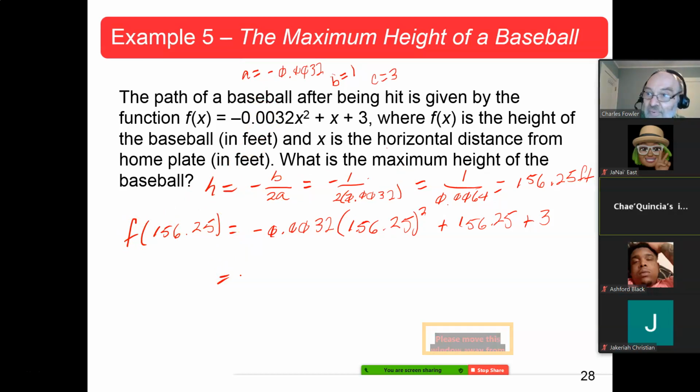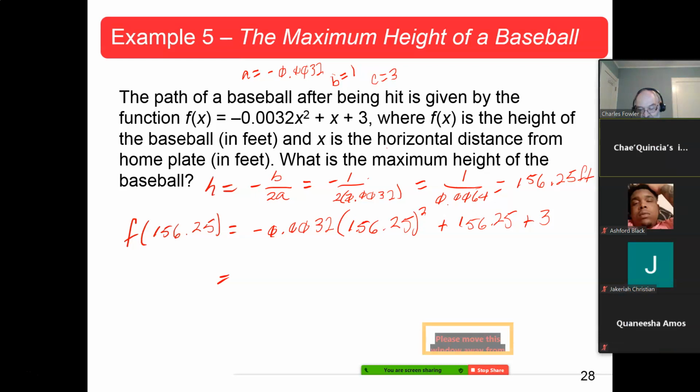So again, I'm going to pull out my calculator. I wish I'd have left it on. Okay, that was 156.25. I'm going to square that. I better turn it sideways to get it to scientific notation. Square that. Big number.